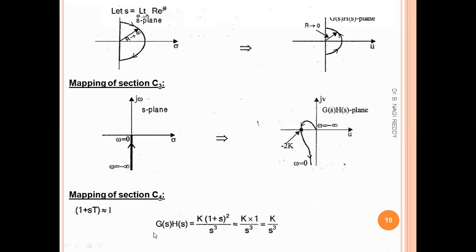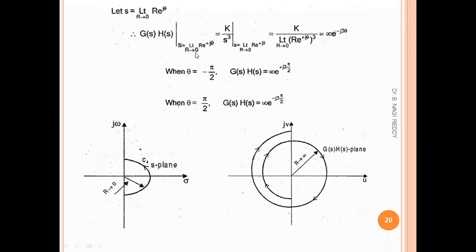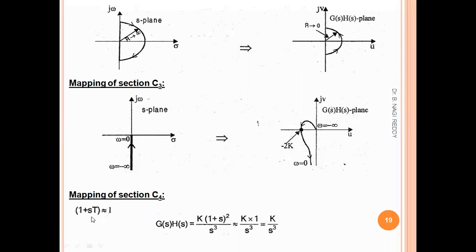Here the approximation is made that 1 plus sT becomes 1. Why, sir? Because here r is tending to 0. If you substitute this r in the place of s, you will get 0, so 1 plus 0 is nothing but 1.